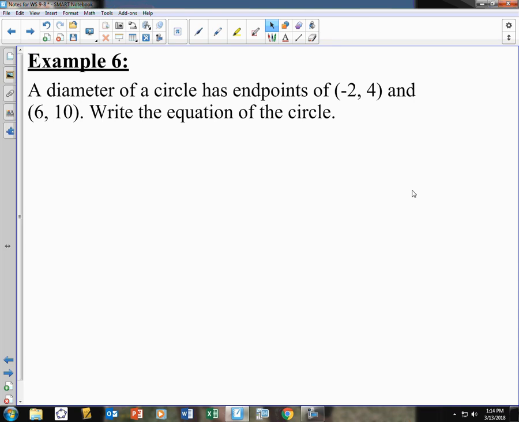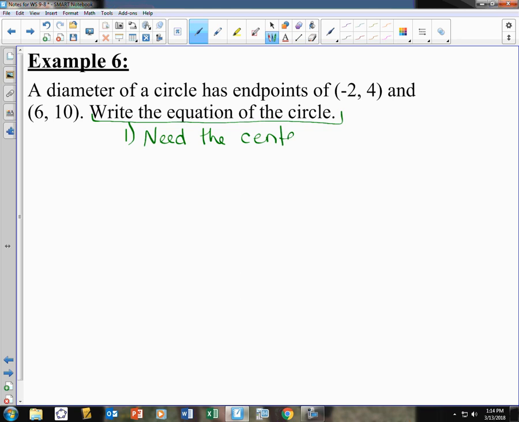Oh boy. All right, so if this is what I have to do, I want you to be thinking about, what do I need? Well, to write the equation of a circle, I need the center. That's the h, k thing. And then I also need the radius. Now, we have given you enough information for that.